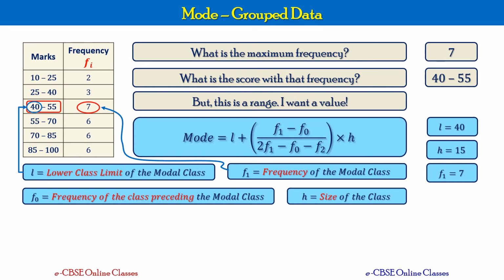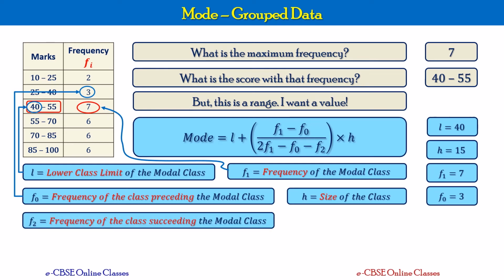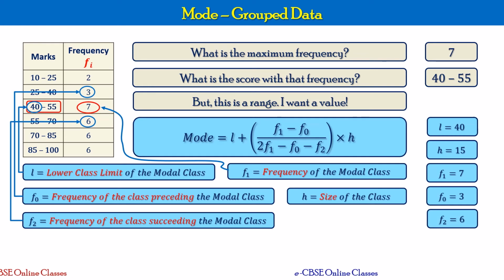The class preceding 40 to 55 is 25 to 40, and its frequency is 3. So my F0 is 3. Next is F2. F2 is the frequency of the class succeeding the modal class, that is, the one that comes after. Here 55 to 70 is the class coming after our modal class and the corresponding frequency is 6. So my F2 is equal to 6.